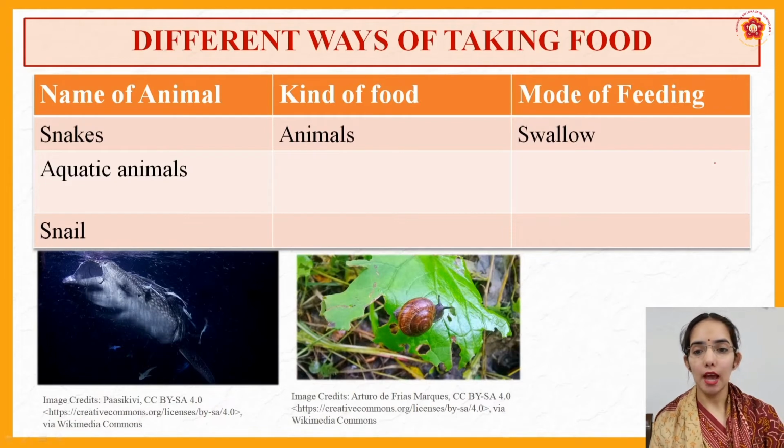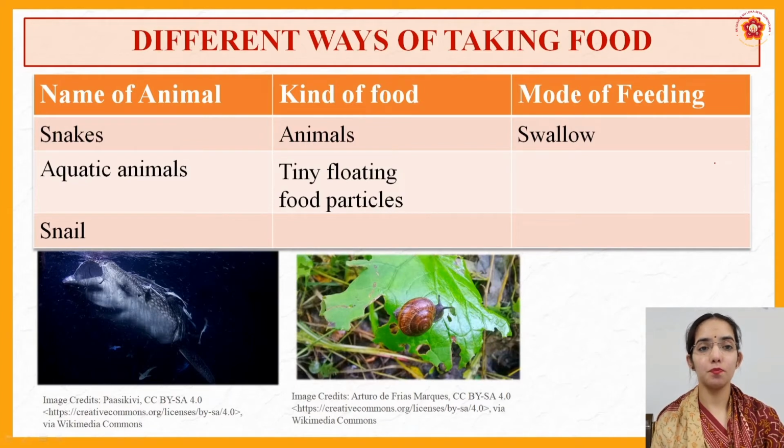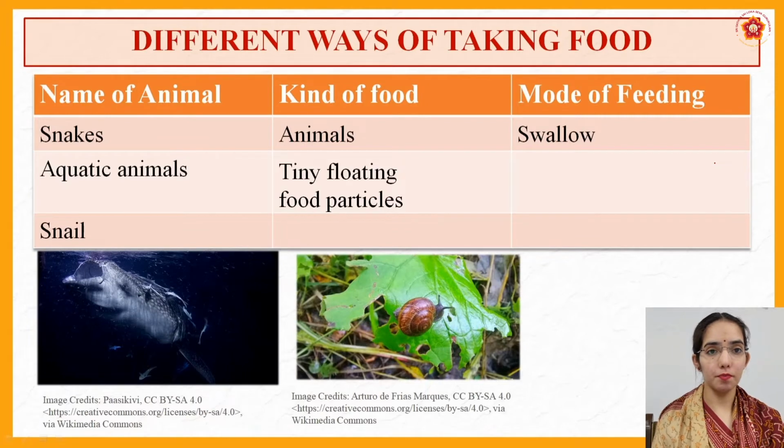Now aquatic animals consume other tiny floating food particles. As you can see in this image of a whale, it has opened its mouth wide. Once the mouth is wide open, water and other particles can start moving in, and there are certain structures in the mouth which will filter this water.